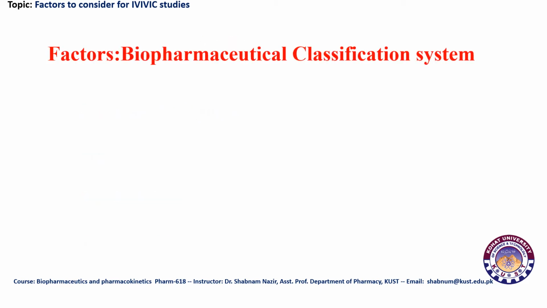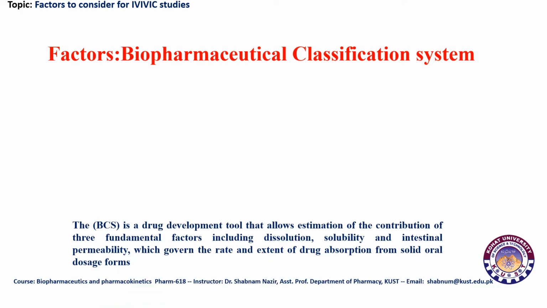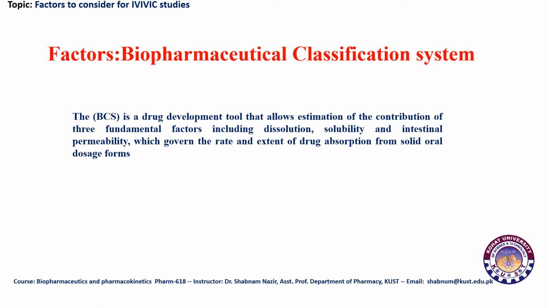The important factors which can affect IVIVC studies include the biopharmaceutical classification system, also called the BCS. BCS is a drug development tool that allows estimation of the contribution of three fundamental factors, including dissolution, solubility and intestinal permeability, which govern the rate and extent of drug absorption from solid oral dosage forms.